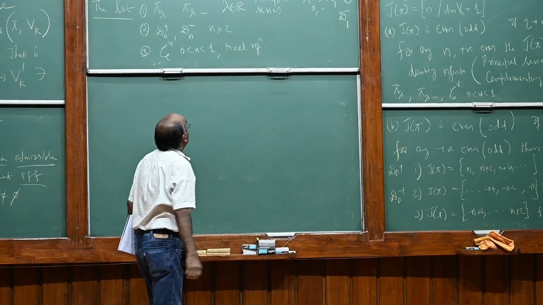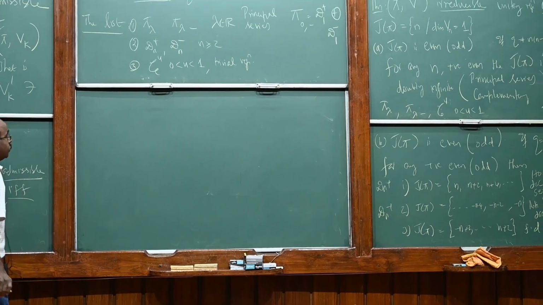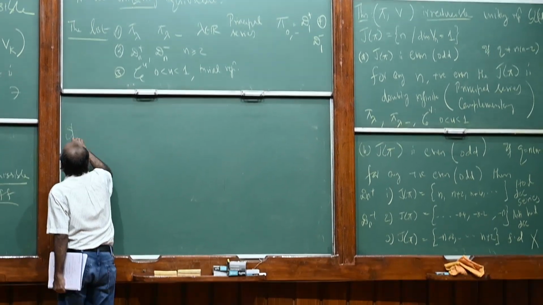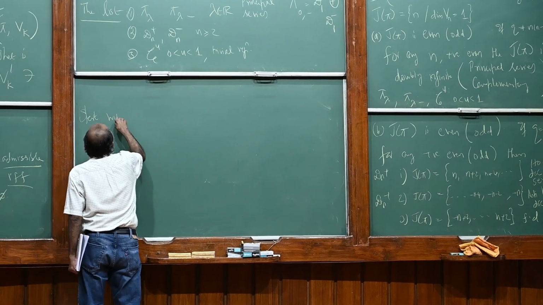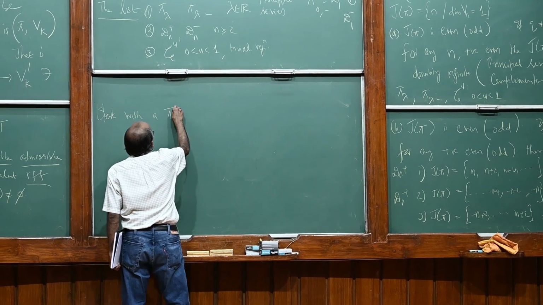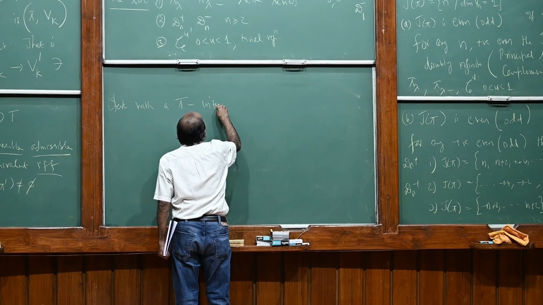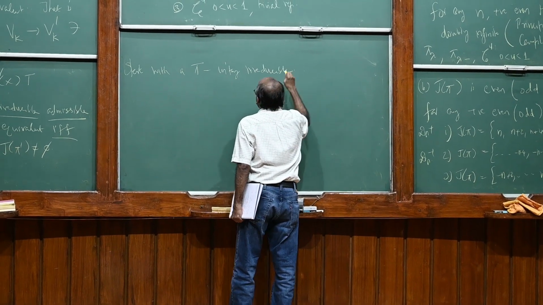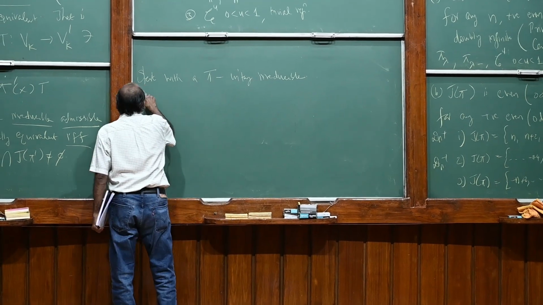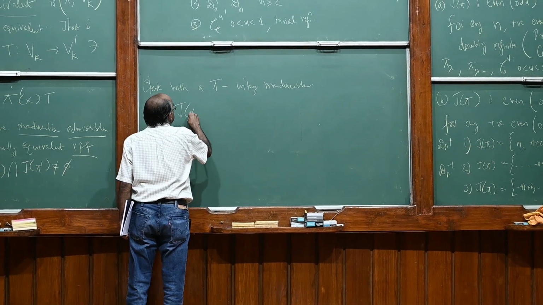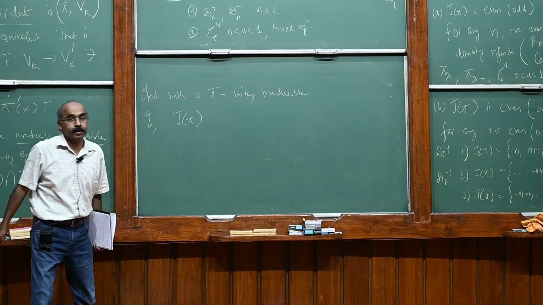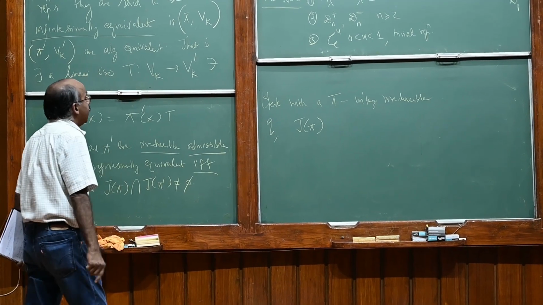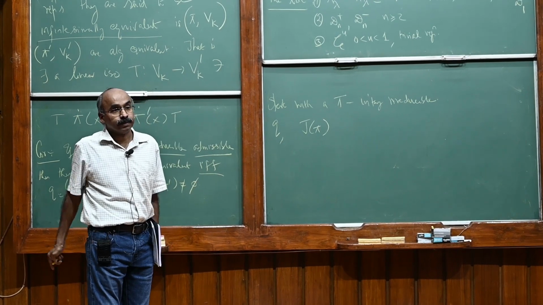Okay, so how do we go about this? To complete the classification, start with a unitary irreducible pi. I have the Q value and I have J pi, and I want to say it is one from the list.